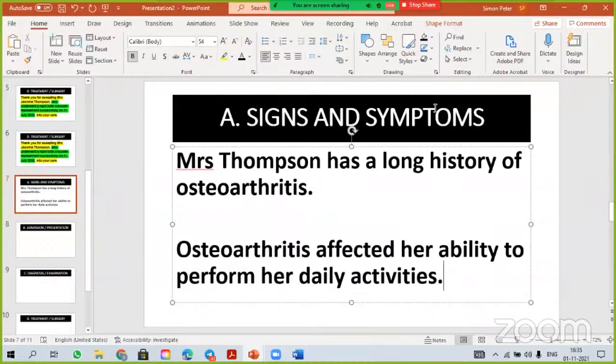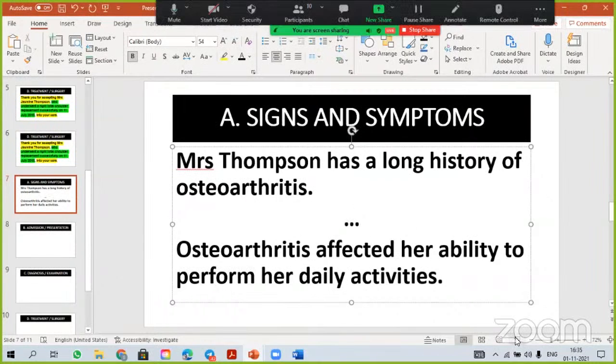Osteoarthritis affected her ability to perform her daily activities. So these are the two sentences. These are two sentences. Okay, these are two sentences.